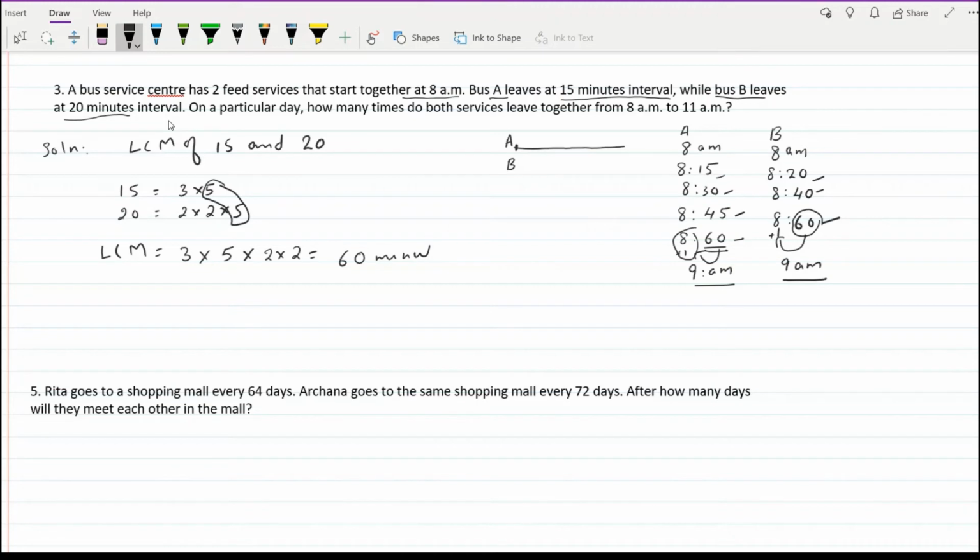Every 60 minutes both the buses leave together from the service station.